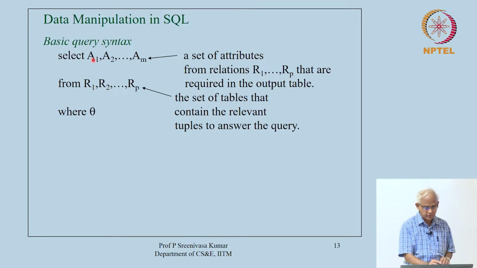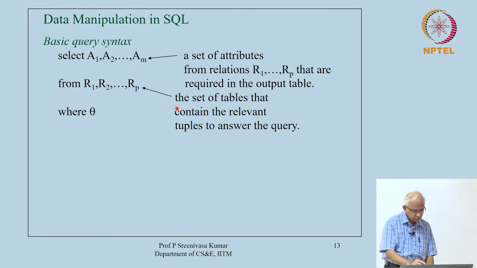Here is a set of attributes from the relations R1 through Rp that are required in the output. Then the from clause is where we specify R1 through Rp, the set of tables that contain the relevant tuples to answer the query. The most important thing is the where condition.